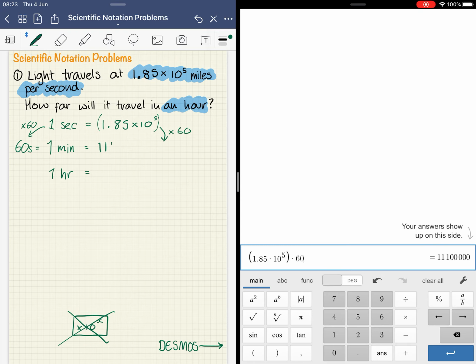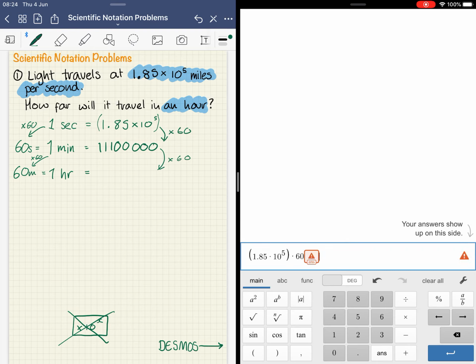So 111 and then 5 zeros. And then to get to 1 hour, well, 1 hour, remember, is 60 minutes. So I've got to times that by 60. And therefore I've got to times it by 60 again. So I'm going to press answer.